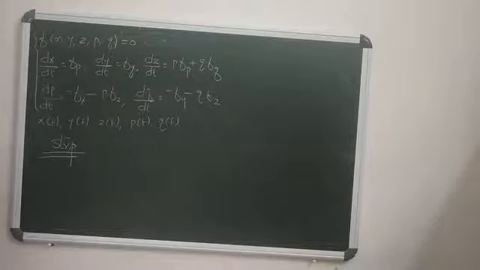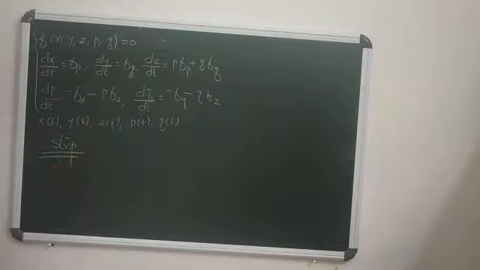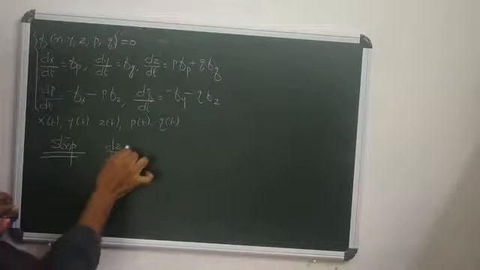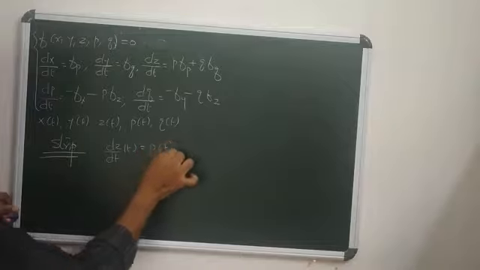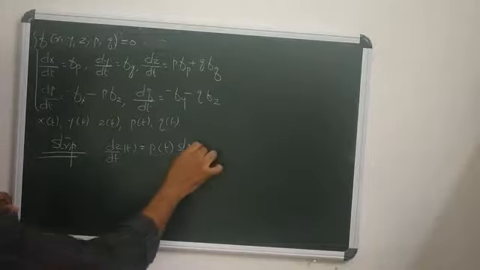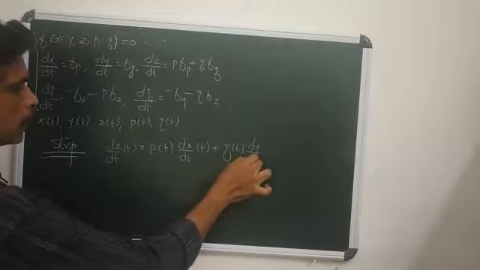A set of 5 functions x(t), y(t), z(t), p(t) and q(t) can be interpreted as a strip only if it satisfies the strip condition: dz by dt of t equals p of t into dx by dt of t plus q of t into dy by dt of t.